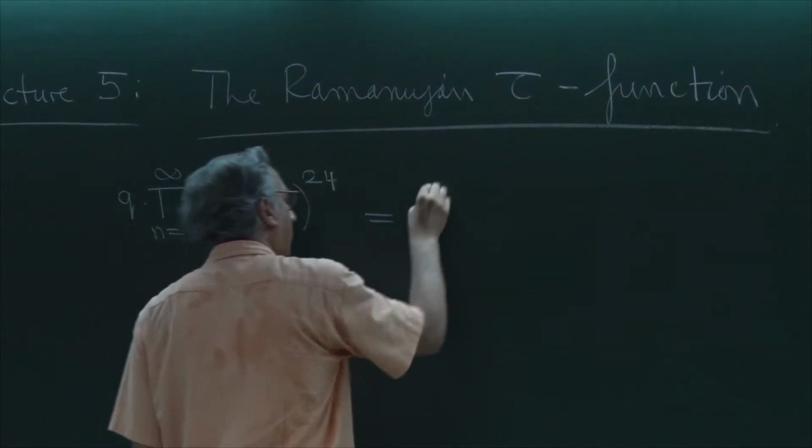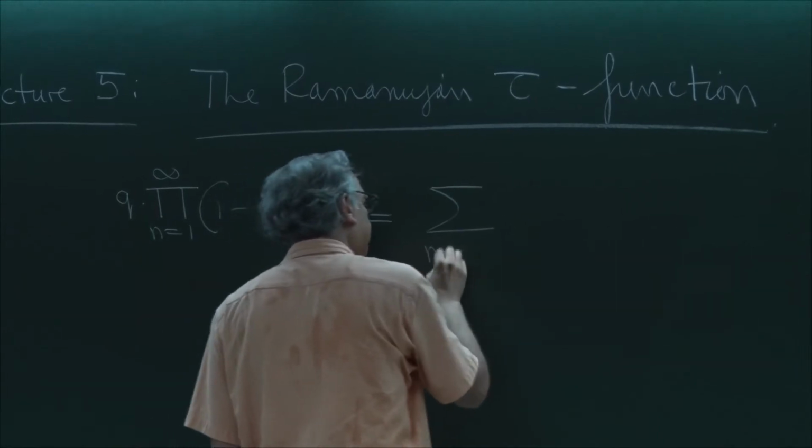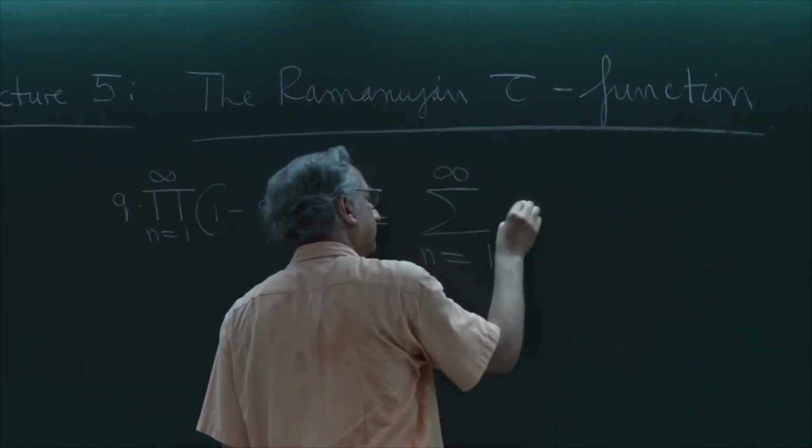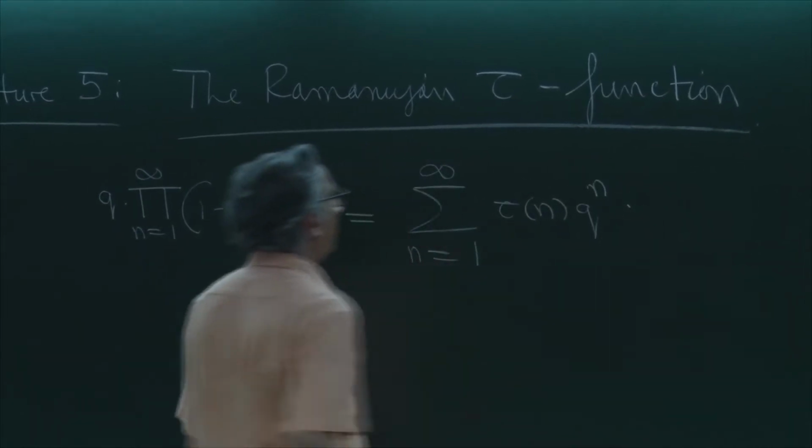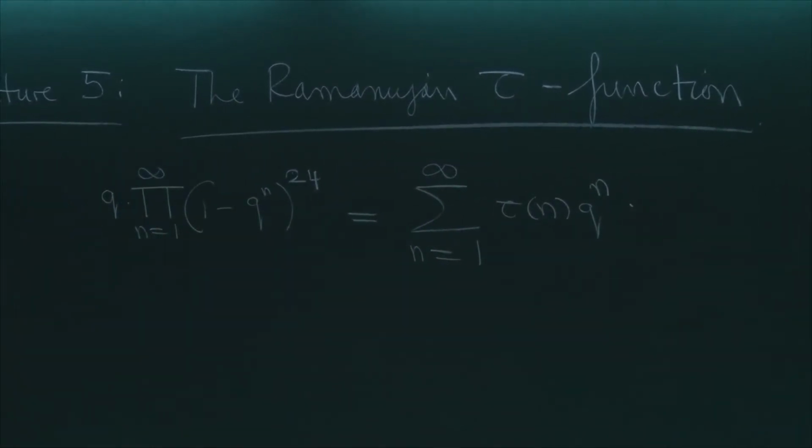You write it as a power series in q, and the coefficients will be denoted tau n.